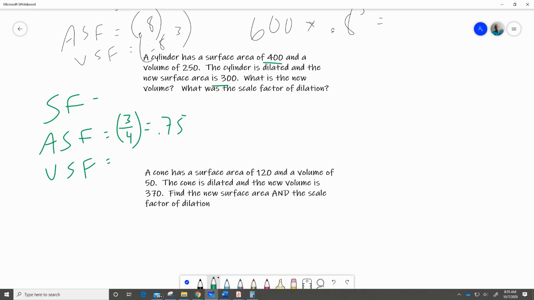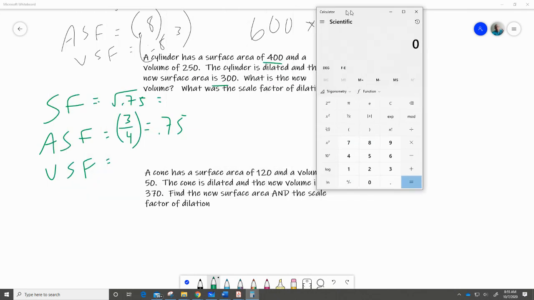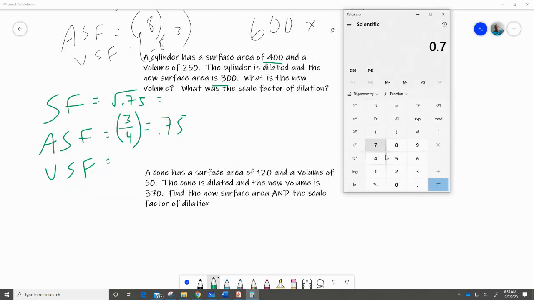So let's work that backwards to find the scale factor of dilation. The scale factor of dilation is going to be the square root of 0.75. Let's pull up our calculator here. It's 0.866, we'll call it 0.87.